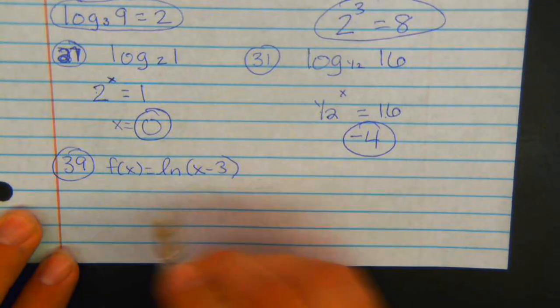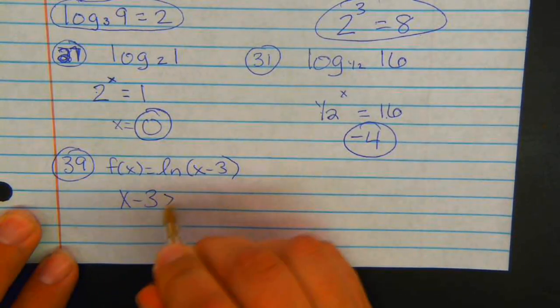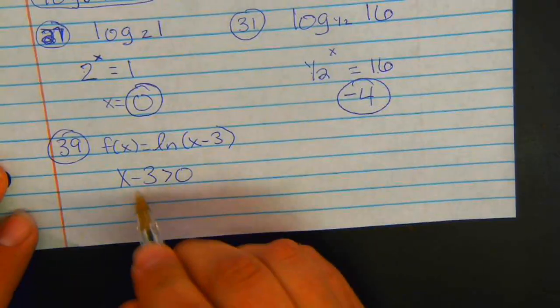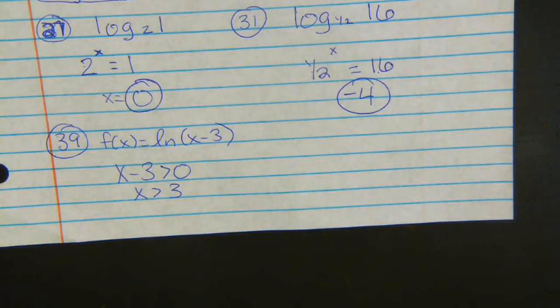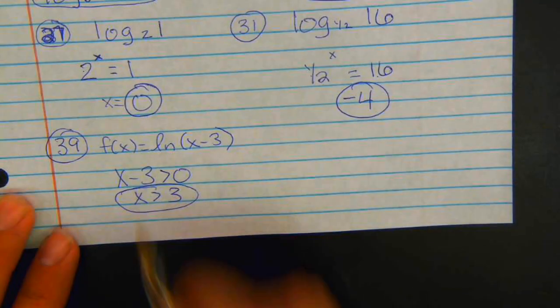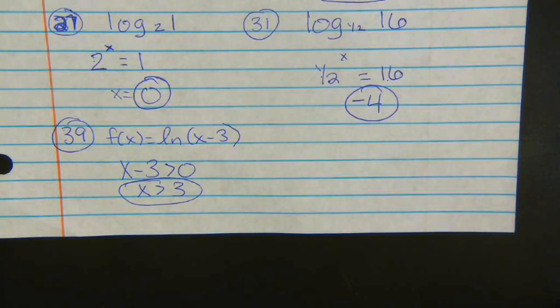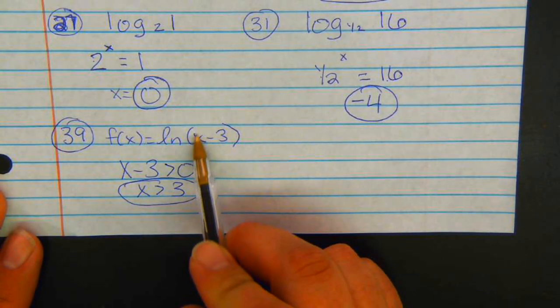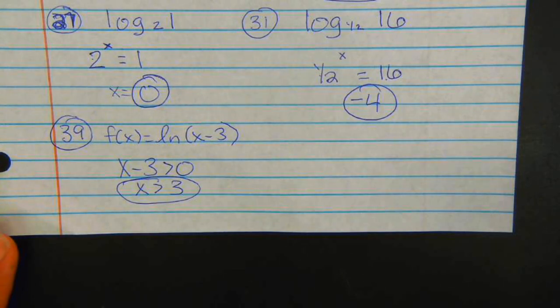Whatever's in here, set it equal to 0 and solve it. So as long as x is bigger than 3, then you can plug x in. So the domain is 3 and up. That's all you're doing on these. You just have to make sure that this number cannot be 0 or smaller.